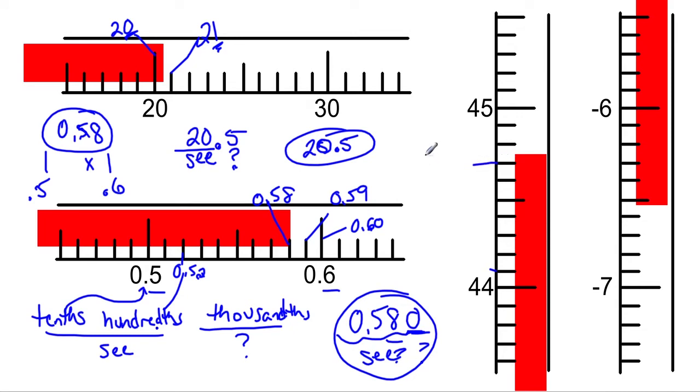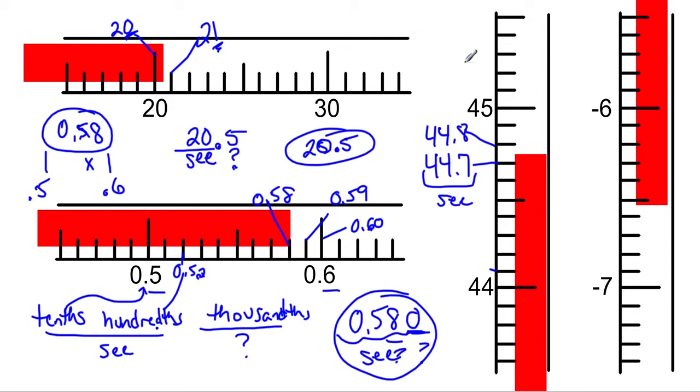This line here represents 44.7. The line above it represents 44.8. So I see the tenth spot. This is what I see, and then I have to tell the reader of my measurements that it's in between the 0.7 and 0.8 line. So I'm guessing that that's slightly under halfway.